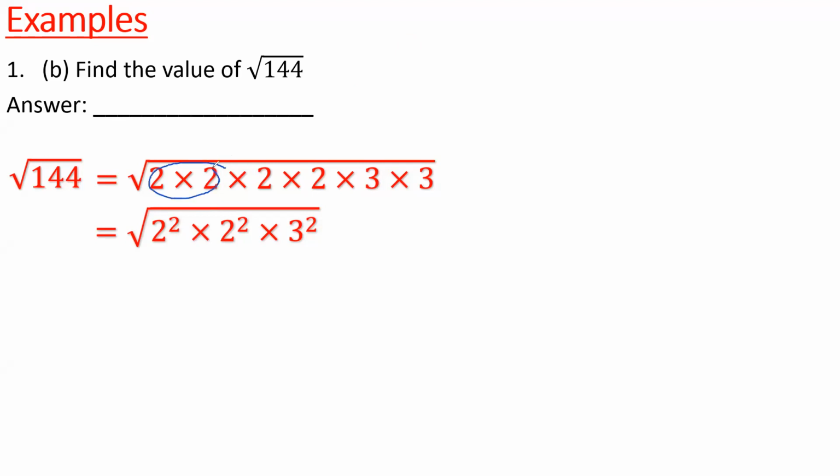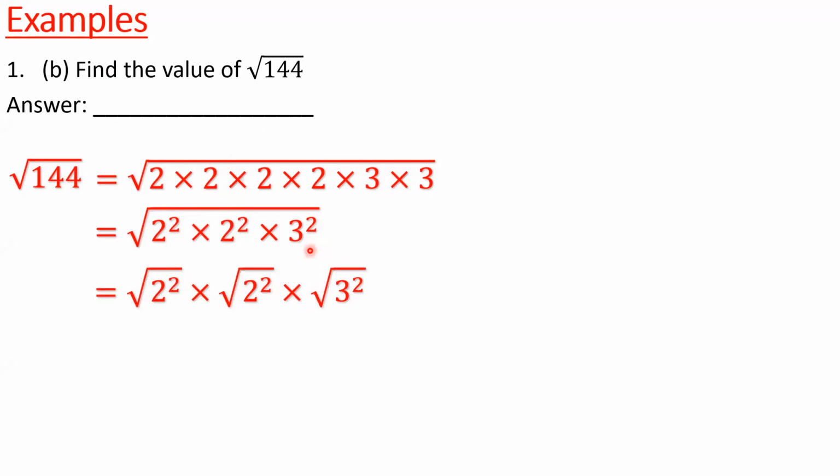That's the trick there. Now we have 2 squared, 2 squared, and 3 squared. What are we going to do afterwards? We're going to break it apart. So we have the square root of 2 squared times the square root of 2 squared times the square root of 3 squared.